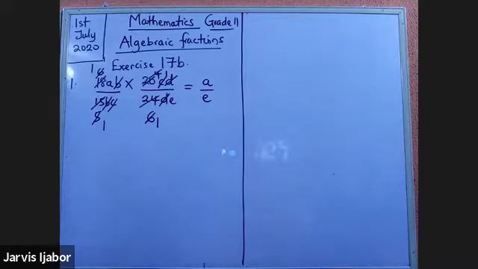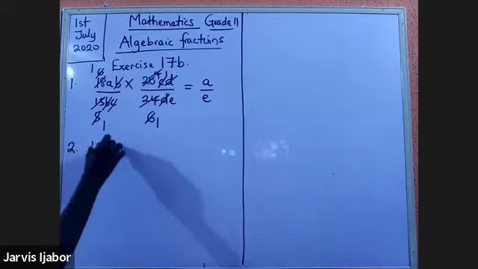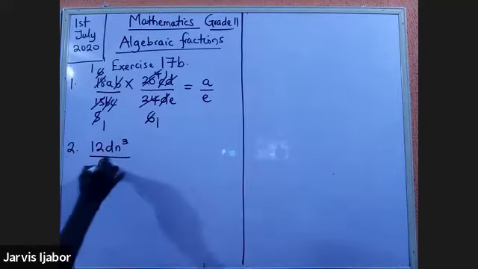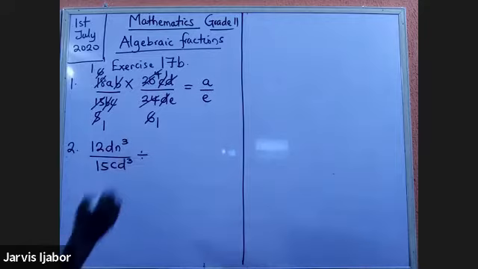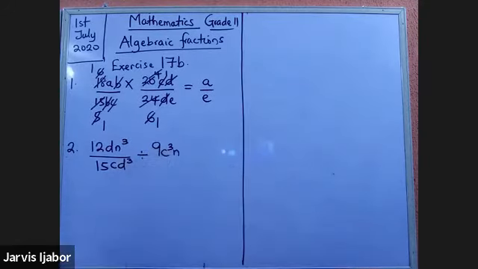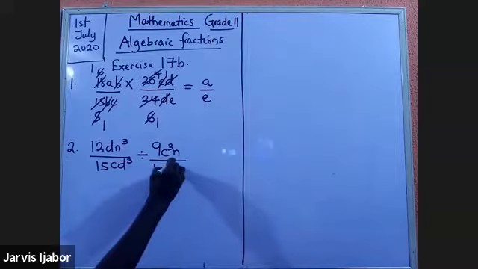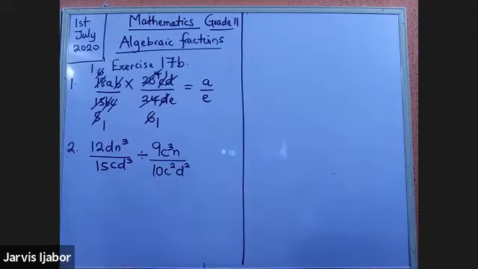So we go to question 2. And it says 12dn cubed over 15cd cubed divided by 9c cubed n over 10c squared d squared. That's what you have.